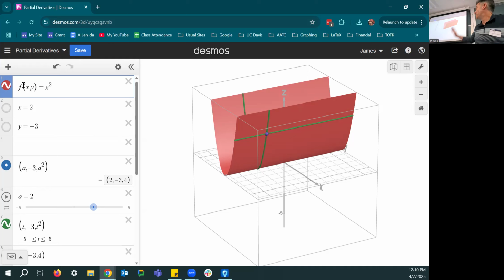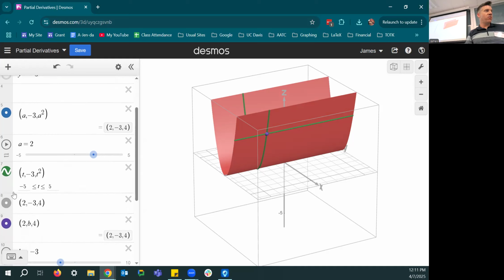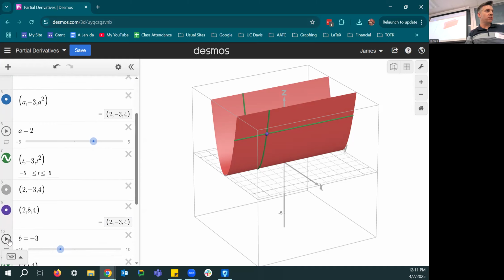So this is a parabolic cylinder, but what I really want you to see is that for this function, I'll point out that the x direction is that way, and the y direction is back that way. It's kind of off kilter here. But if we move in the y direction, there's no change in the z value, right?